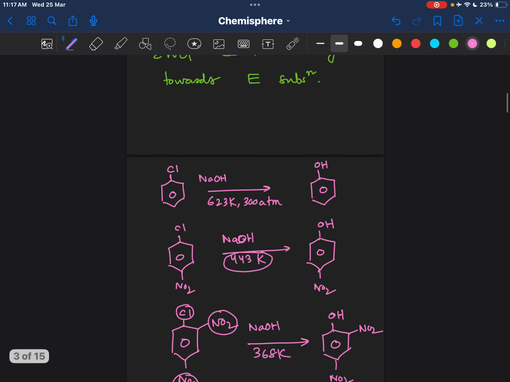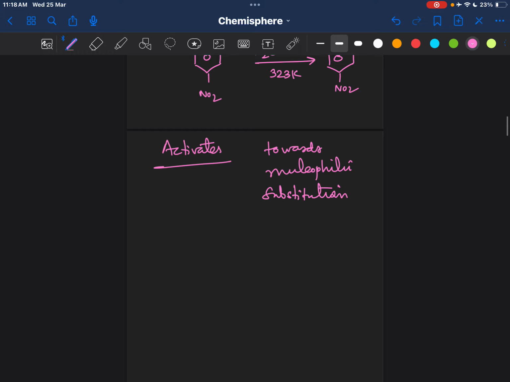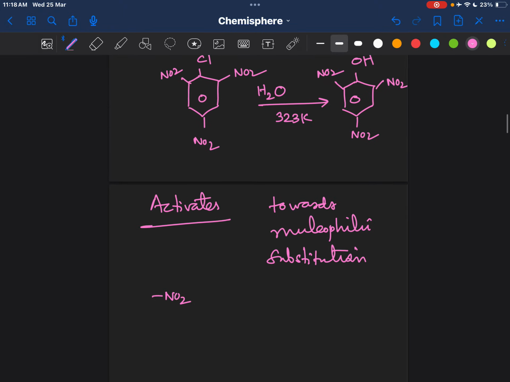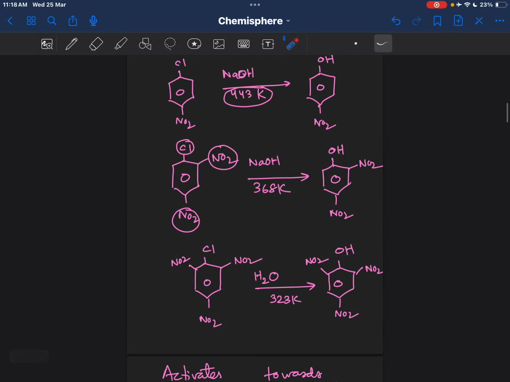Now, what is the reason behind it? So let's discuss the reason. Whenever we have an electron withdrawing group, NO2 is an electron withdrawing group, at ortho and para position, and I'm talking about nucleophilic substitution. So whenever we have an electron withdrawing group at para or ortho positions with respect to the halogen, with respect to chlorine, it activates the halogen towards nucleophilic substitution.